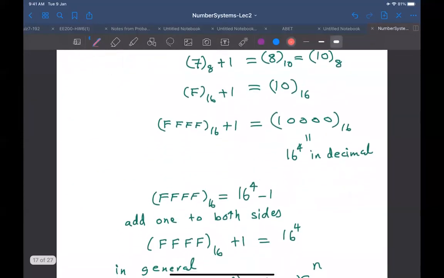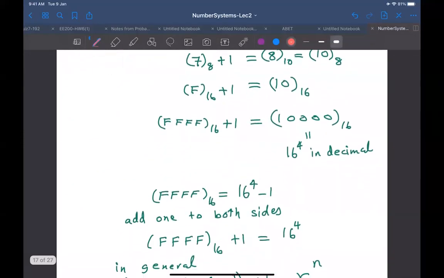And you can see that from using the first property. Using the first property, we know that if f in 16 is equal to 16 to the 4 minus 1, and if you add 1 to both sides, you get what? You get a plus 1 here, and you get a minus 1 plus 1 here. So the minus 1 cancels here. So it's 16 to the 4. Okay? All right.